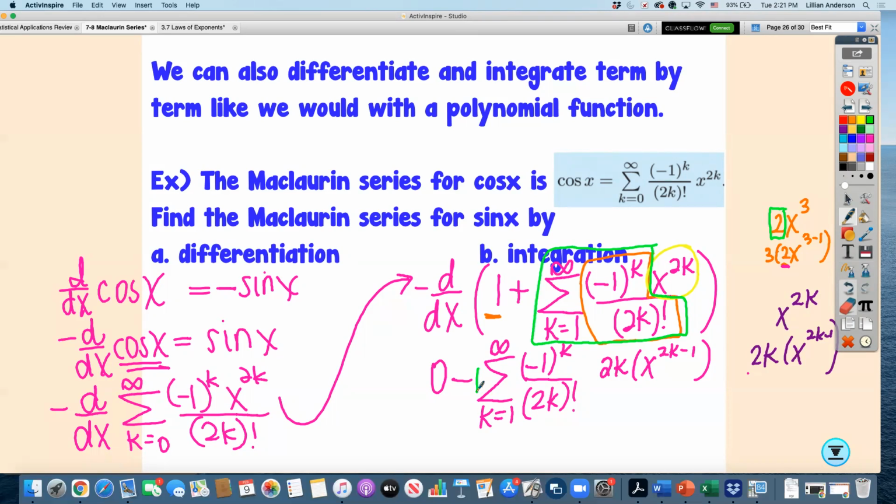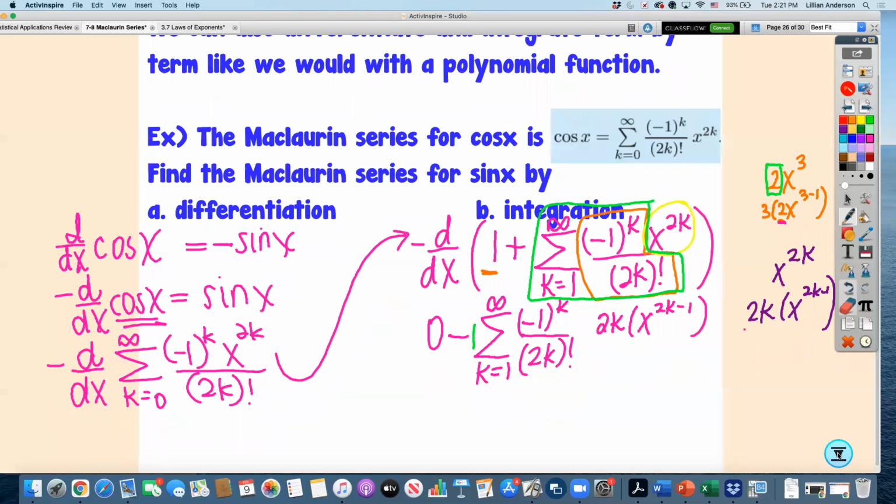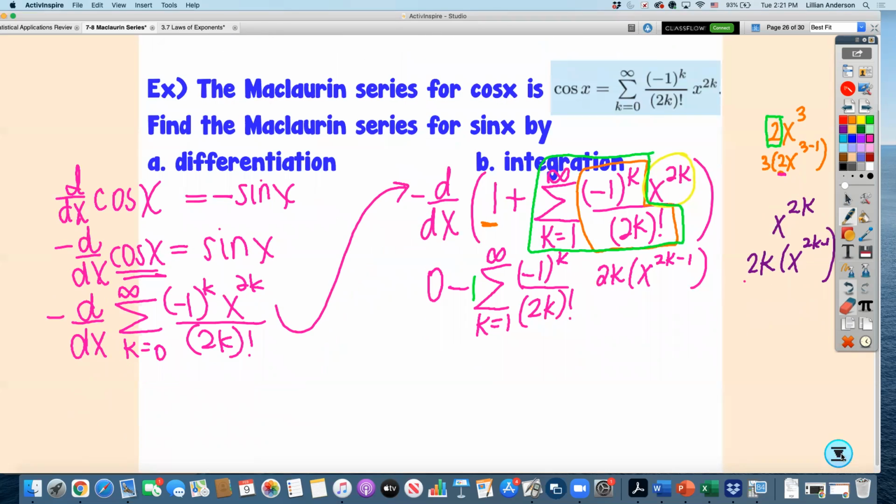-1 times a -1 to the k power turns into what? Think about it. Your laws of exponents. Exactly. It becomes -1 to the k plus 1 power.